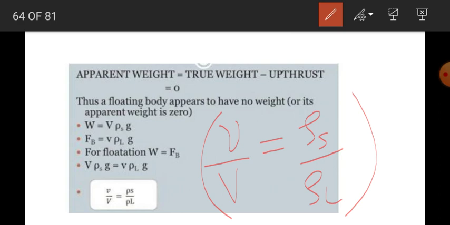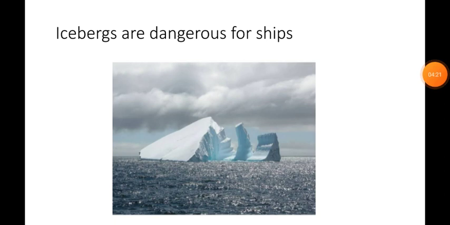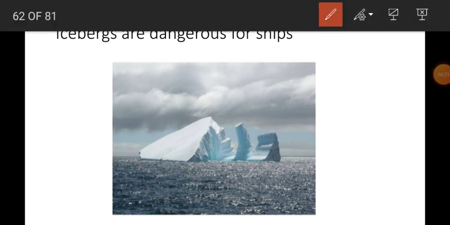This equation tells you how much portion of the object is immersed in water. Let's understand the meaning of this equation, then I will derive it for you. Although we have seen it during the lectures, I thought I should record it because many students were not there. So what is the meaning of this equation actually?